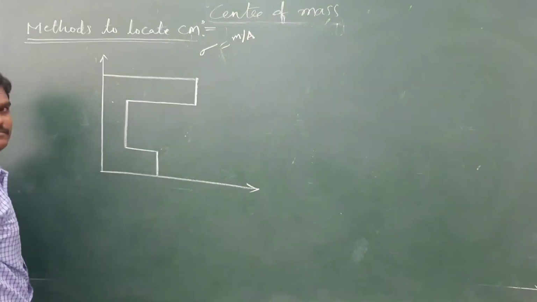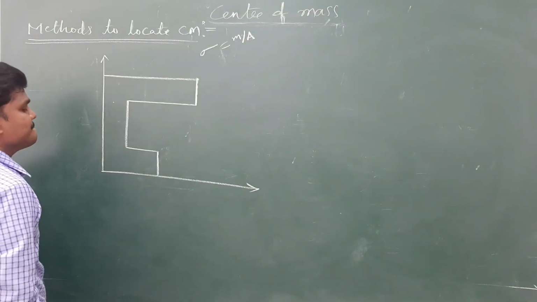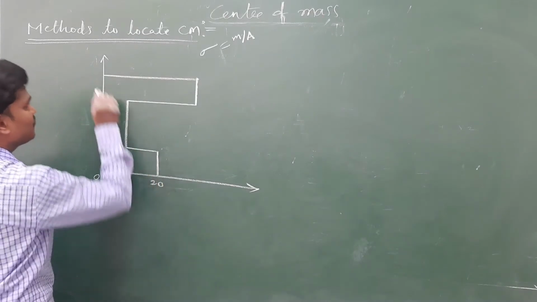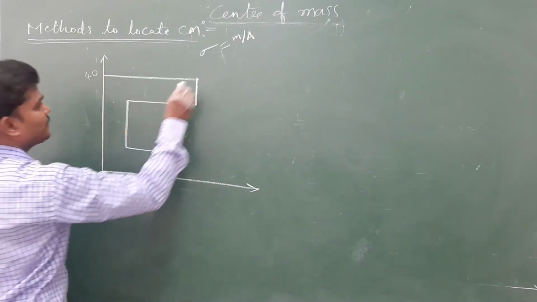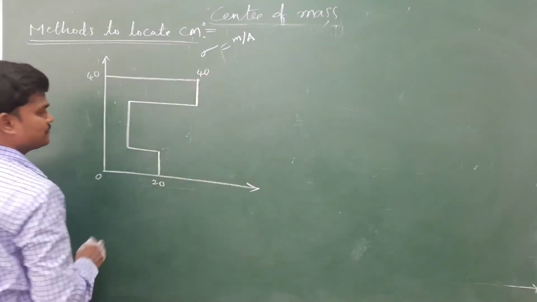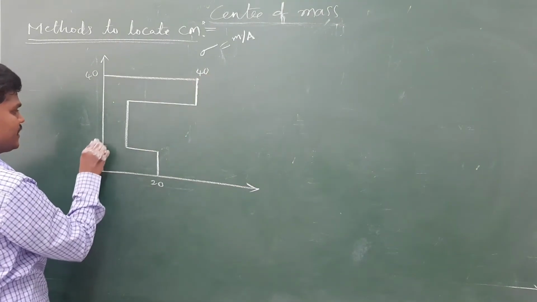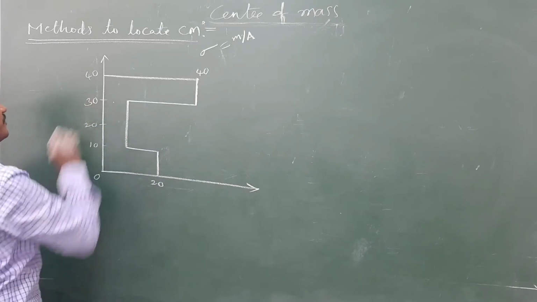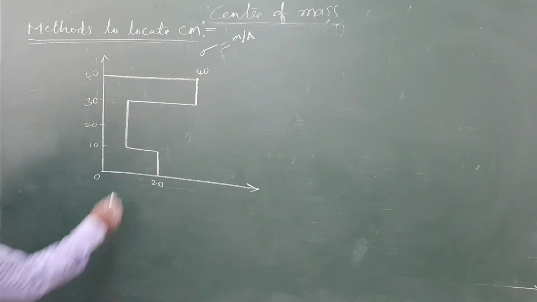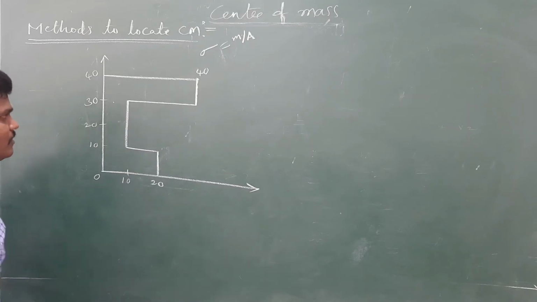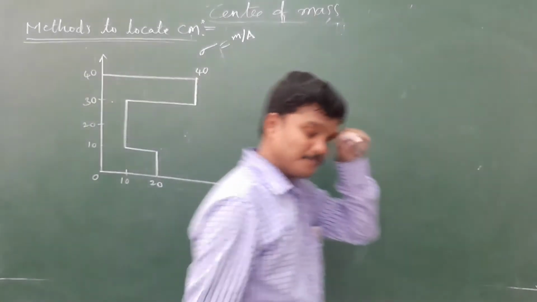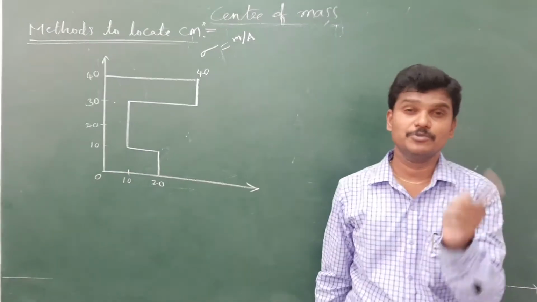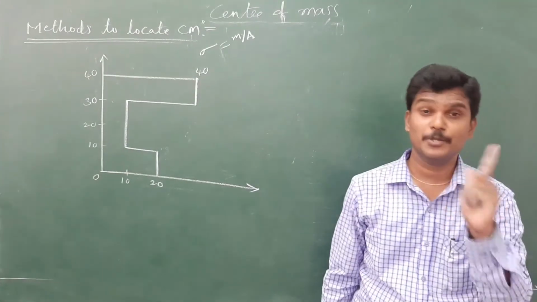The given values: let us suppose this is 20, this is 40, this is also 40, and 10, 20, 30, 40. They gave this type of plane sheet. The target is to identify m1, x1, y1, m2, x2, y2, m3, x3, y3 based on your division.